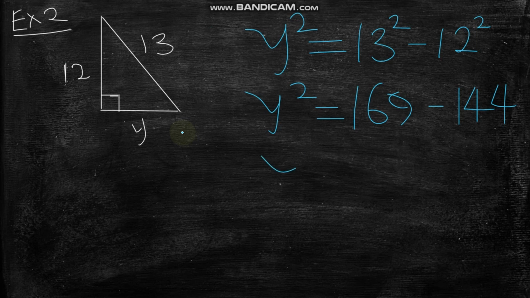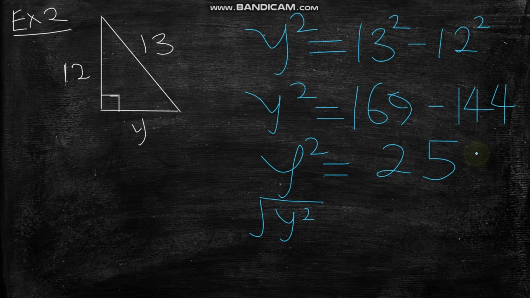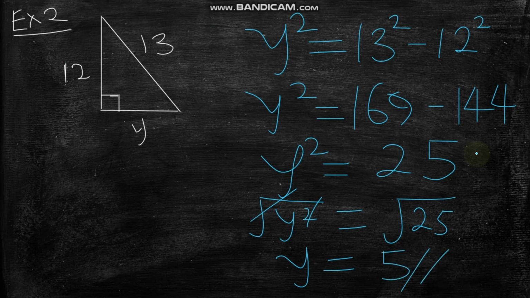So y squared equal to, if we do our subtraction, we're going to be having 25. So take the square root on both sides. Square root cancels out the square. So y will be equal to 5. Okay, so we're able to find that.